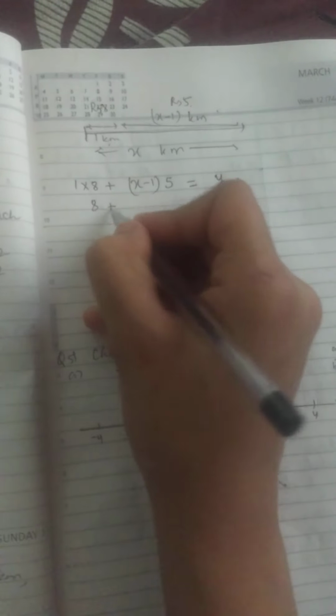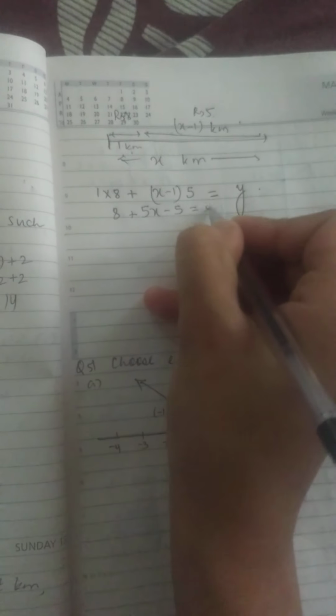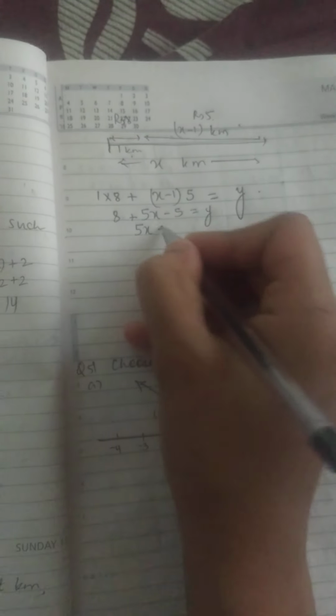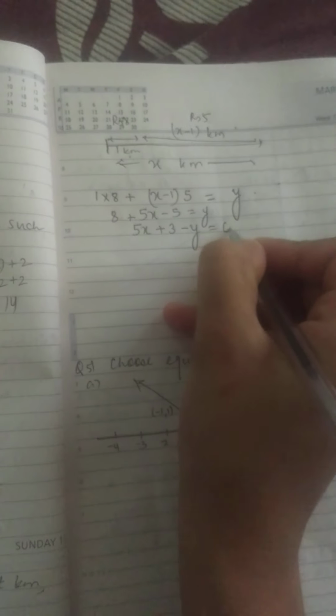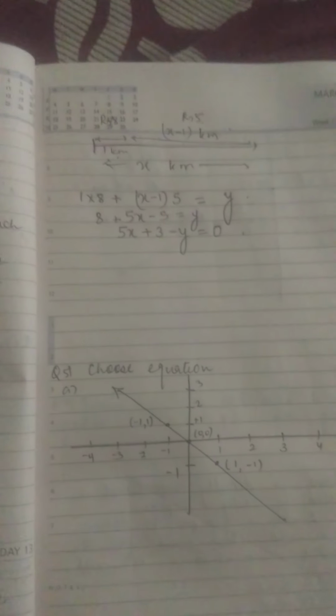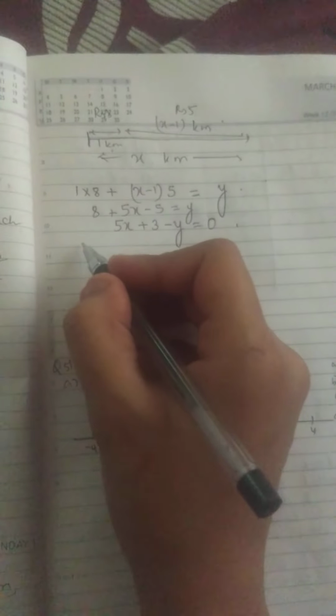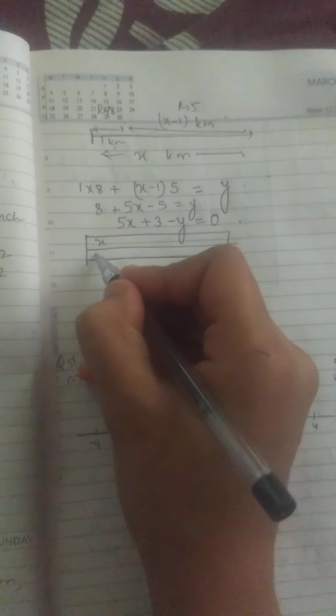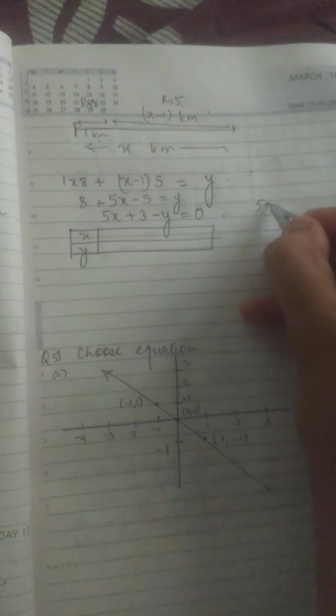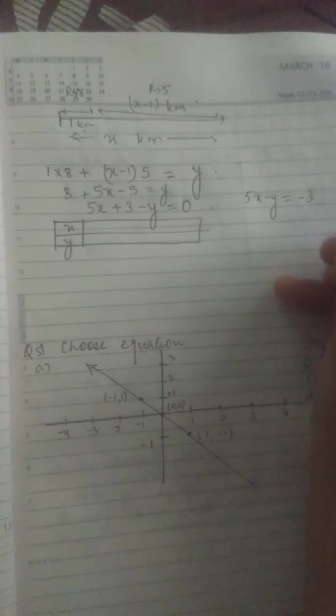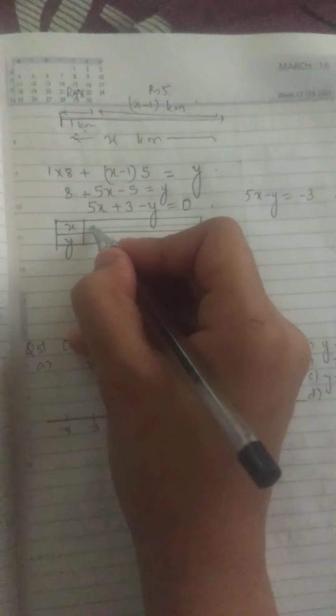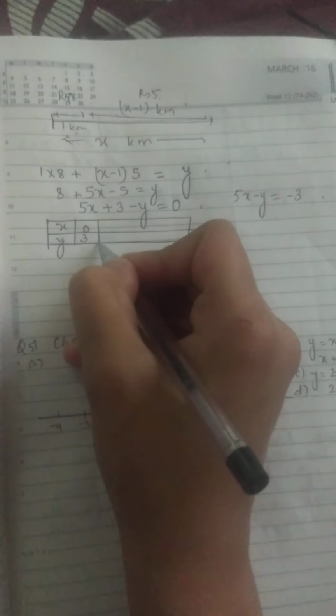So our equation will be 5x plus 3 minus y is equal to 0. So this is a linear equation in two variables. Now we have to find the solutions for the graph. So we can write it in this form. If x is equal to 0, y is equal to 3.